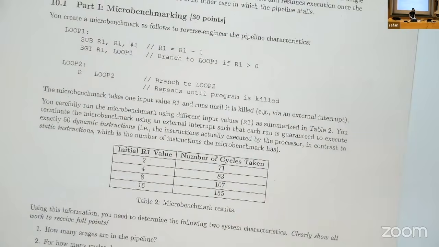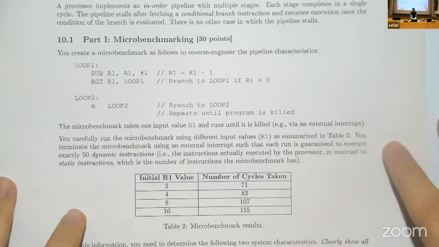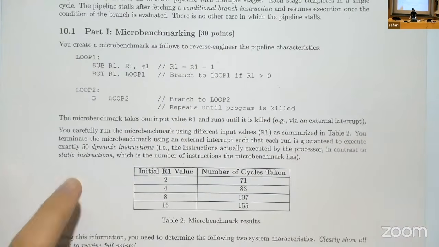Okay, so the next question is about branch prediction. In here, we have some information about the system, so I will mark them as we read.